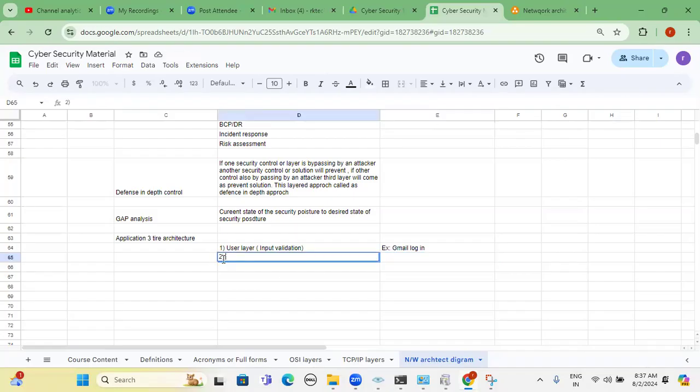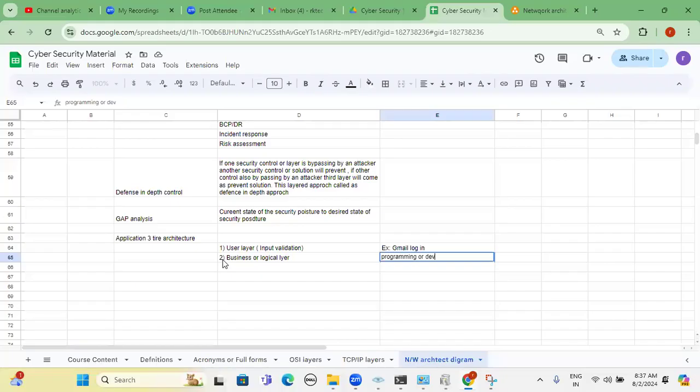The second one is the business or logical layer, or tier. Once you give the username and password in Gmail, whatever programming and development there is on the Gmail development side, such as opening the inbox, opening sent items, going to drafts, or composing emails, that particular programming language or logic, defined using any development language, we call the business or logical layer.